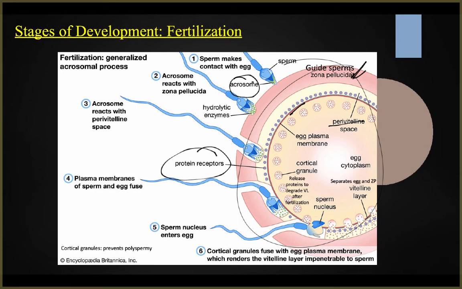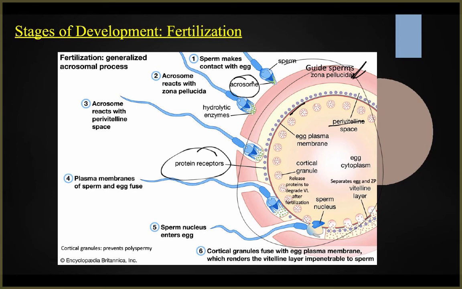Now, if you remember from General Bio 1, hydrolysis is the process of using water or hydrogen to break bonds. So essentially, this is breaking down the area that it's coming in contact with so that it can get into the cell and fertilize it.